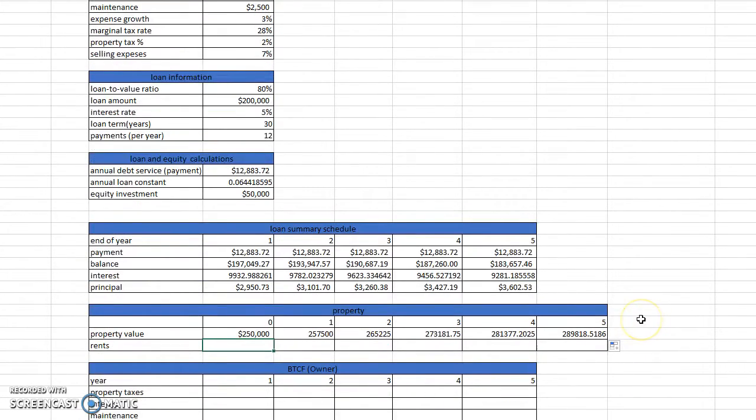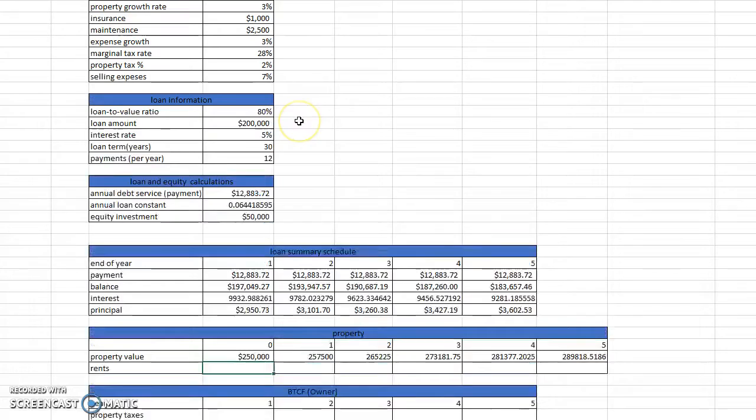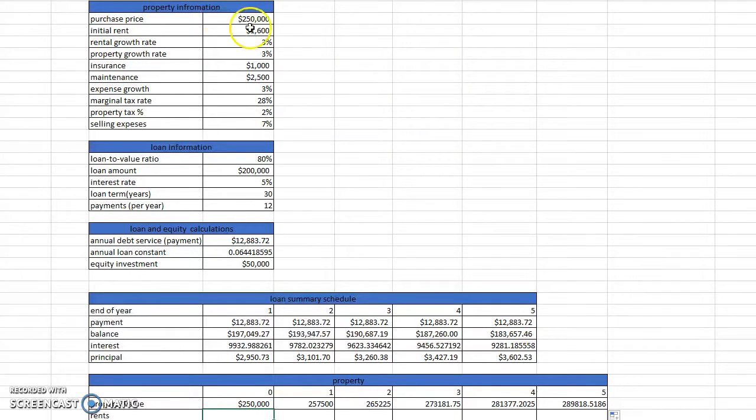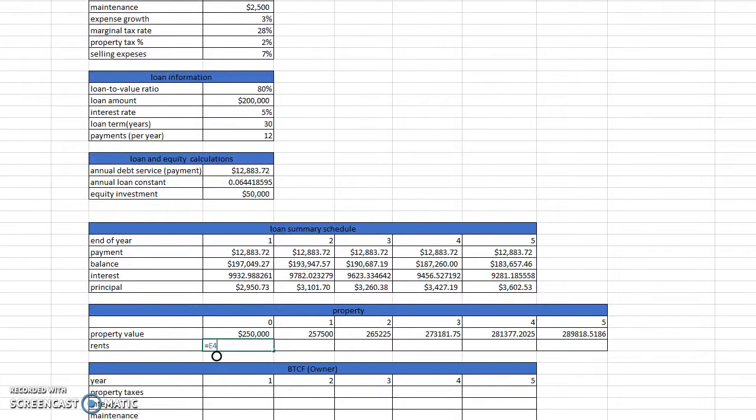And then for the rents, we're going to take the initial rent price, which is going to be up here, times 12.